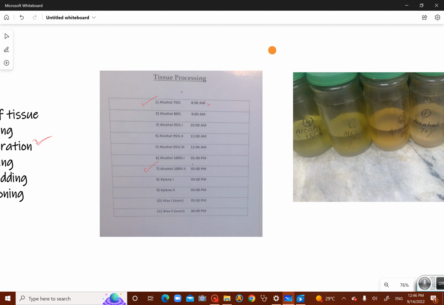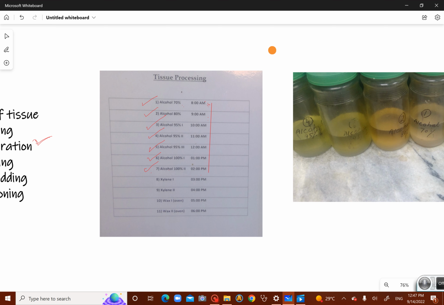Then from 70%, you increase the strength of alcohol to 80%, then 95%, then 95%, again 95%, and go up to 100%. So from 8 to 2 o'clock, about 6 hours, this is dehydration. What you are doing is removing the water from the tissue, from the cells.